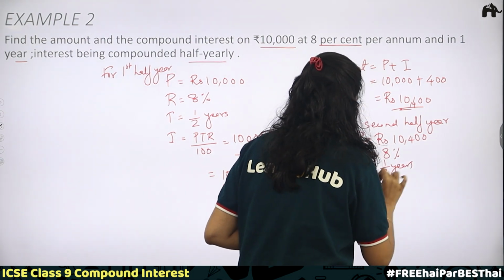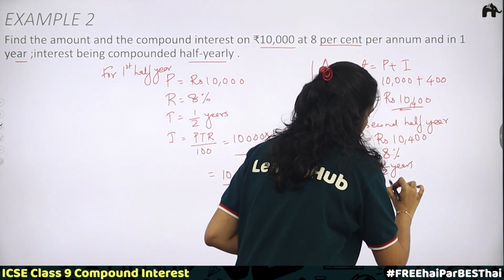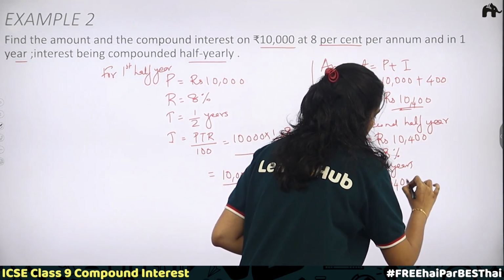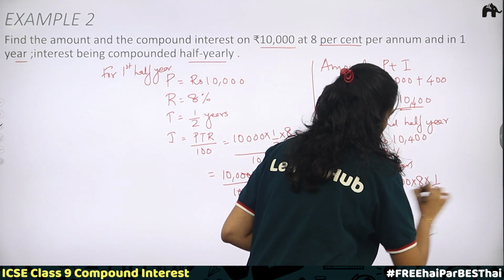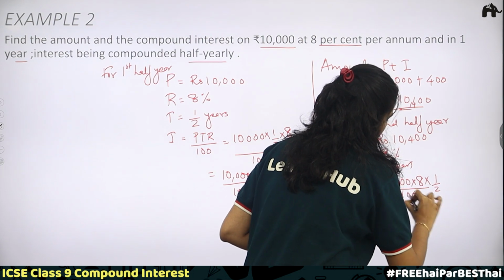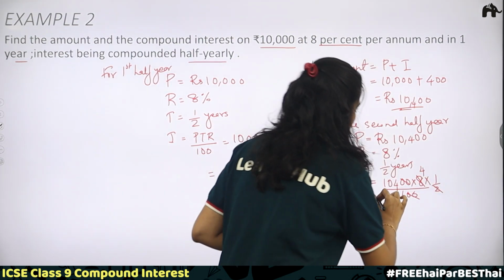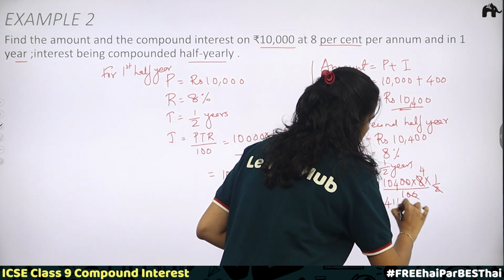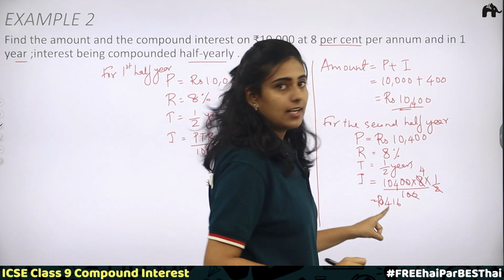Now we calculate the interest. Interest will be equal to again PTR divided by 100. Here P is 10,400 into R is 8, time is half, whole divided by 100. Zeros can be cancelled. 2 and 8 can be cancelled. Again 4. We will be getting 416. Rupees 416. So here the interest is rupees 416.